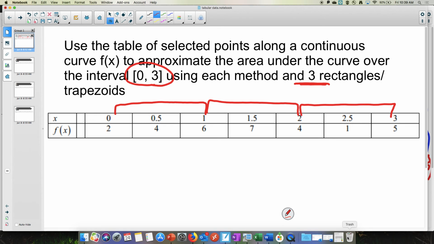If I'm using left-hand endpoints, I would use the numbers 2, 4, and 6 for my heights. But if I'm using right-hand endpoints, then I would use the numbers 4, 6, and 5 for my heights. You see where I'm getting those numbers from? It makes your job easier, but I would at least make these bars so you can see what's on the left, what's in the middle, and what's on the right of your rectangle or trapezoid.